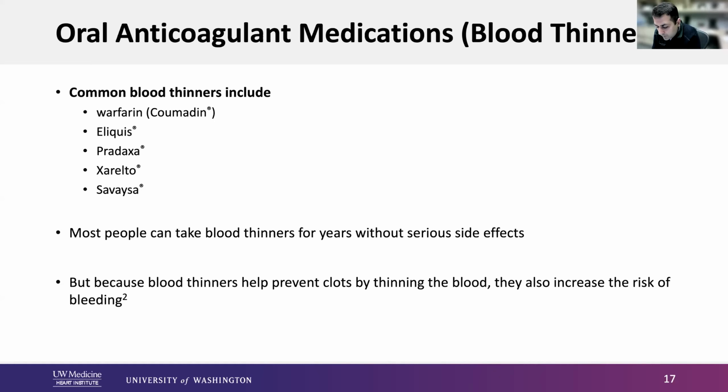So most people take these blood thinners and have very little side effects from them. But just like with anything, you have to balance risk and benefit. So the benefit of blood thinners in the case of AFib is reducing stroke. But the risk of blood thinners is that it puts the patient at risk for bleeding, because now the blood is thin and it's not going to coagulate like it normally does.